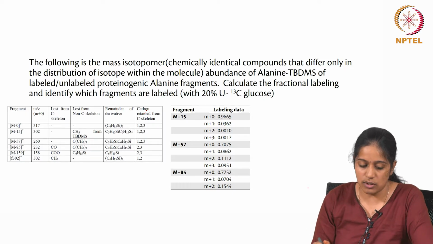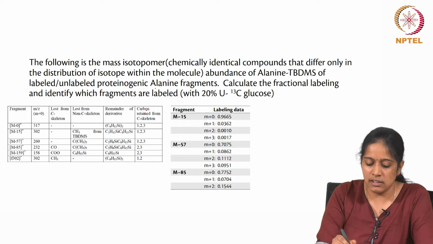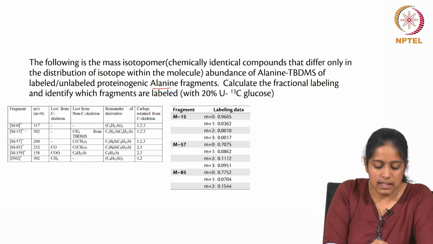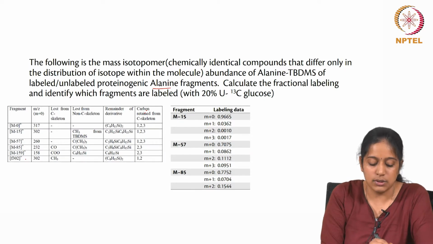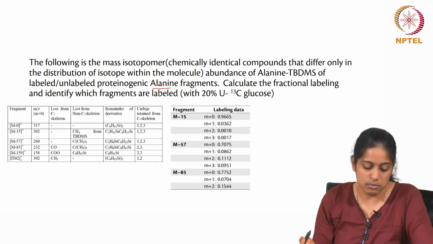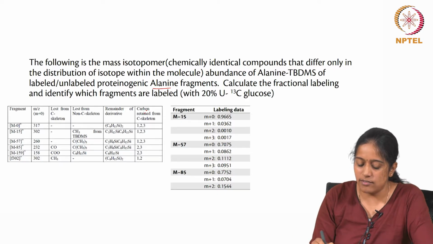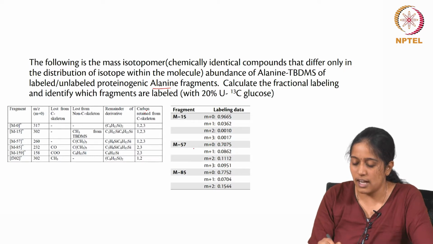So, as I was already telling you, alanine is a 3 carbon amino acid, and there are different fragments which you can observe when you pass them through a GCMS equipment, and here you have the information of every fragment and the mass distribution vector for every fragment.